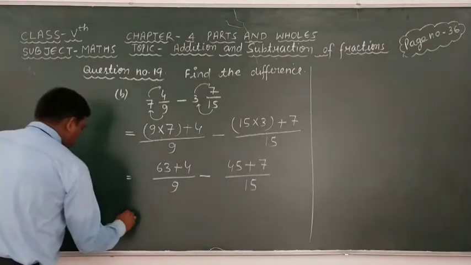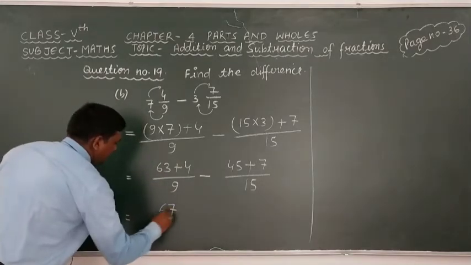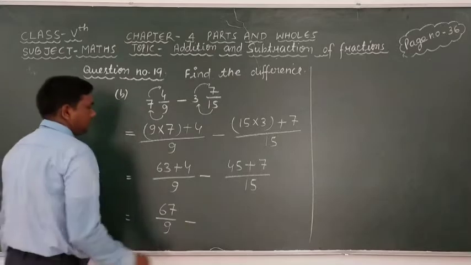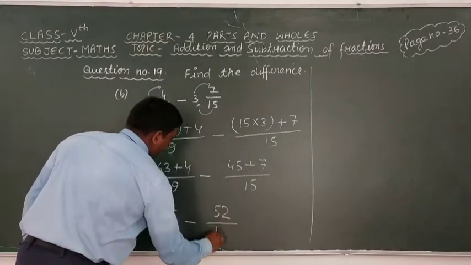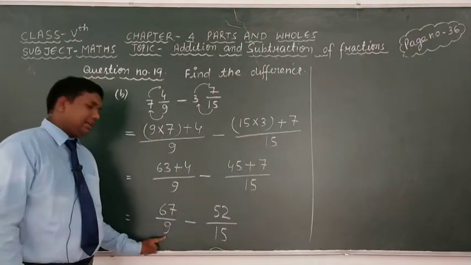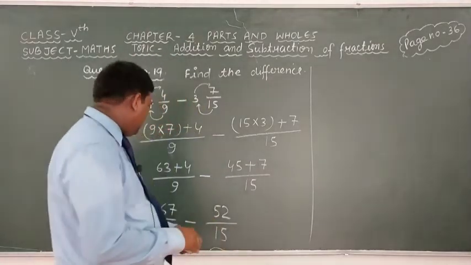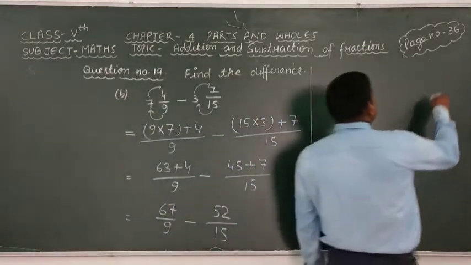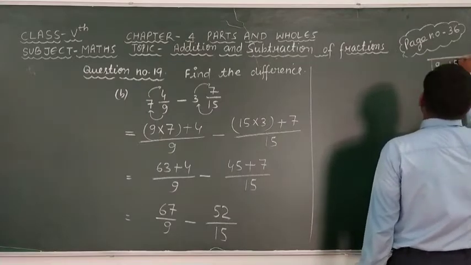After adding we get 63 plus 4 is 67 over 9 minus 45 plus 7 is 52 over 15. Understand? Here 9 and 15 are not the same, therefore we take the LCM of 9 and 15 for finding the same denominators.